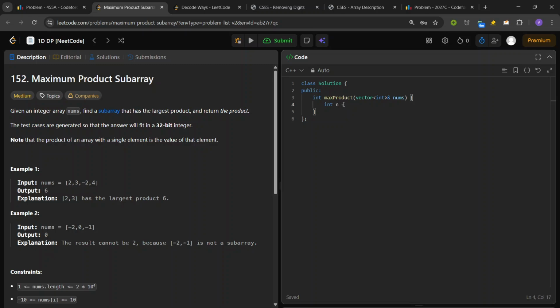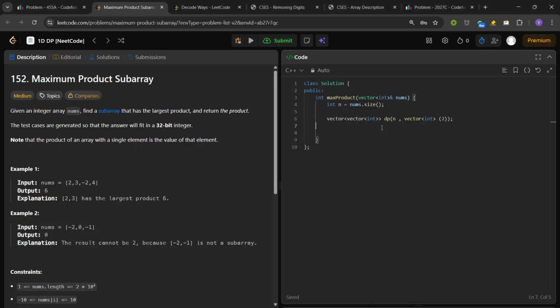Let's say n is equal to the size of nums. Now I will make a 2D vector dp of size n cross 2, right? So a 2D vector which will have n rows, and each row will have 2 columns, right?